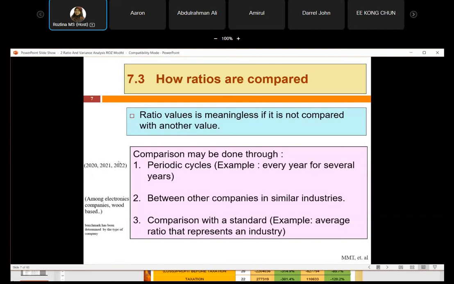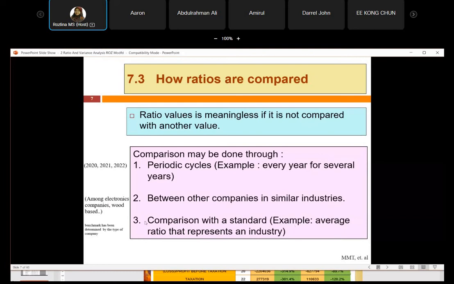That is one reason why ratio is very important, to see the performance. And then between other companies, you want to compare your company with the others and see what ranking you are in similar industries.